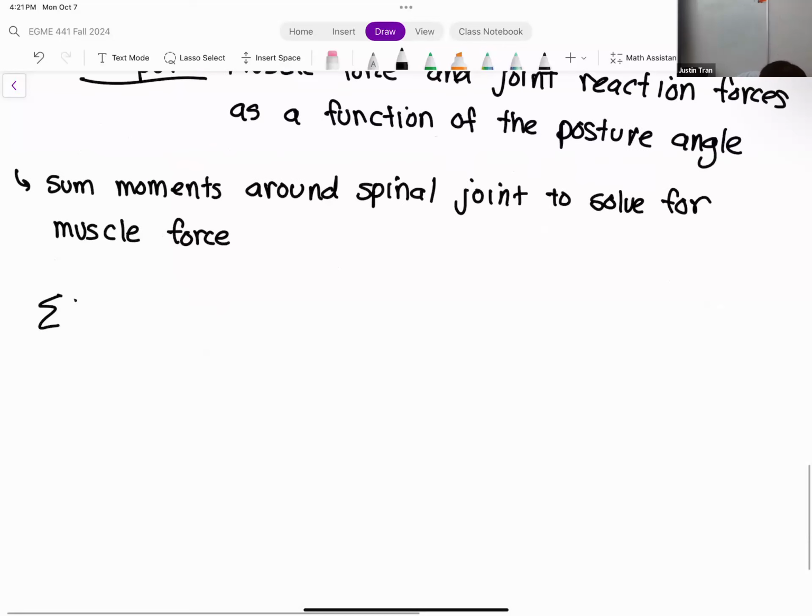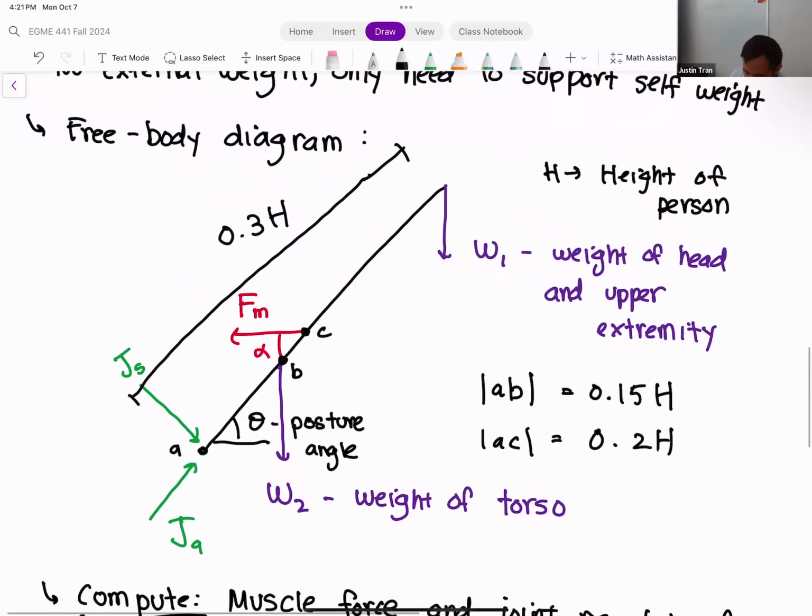All right. So remember all the distances that were given in this problem are distances along the spine itself, right? So they all have to do with the posture. Okay. All right, so let's compute each individual moment from each of the forces.